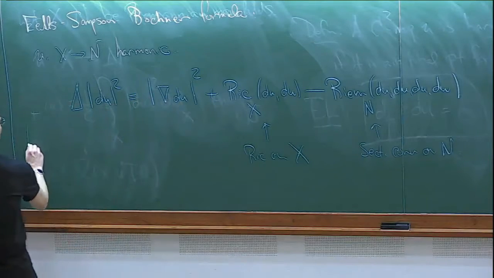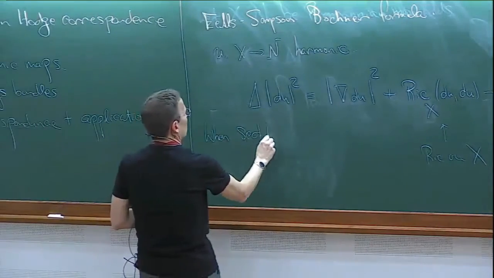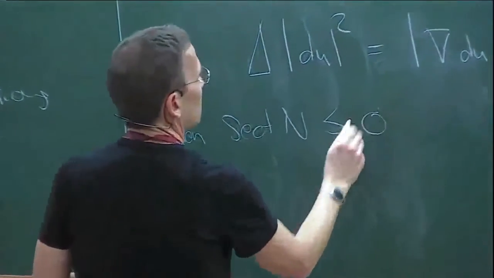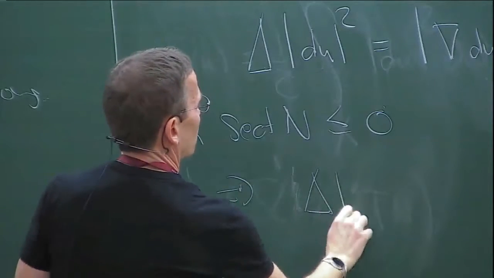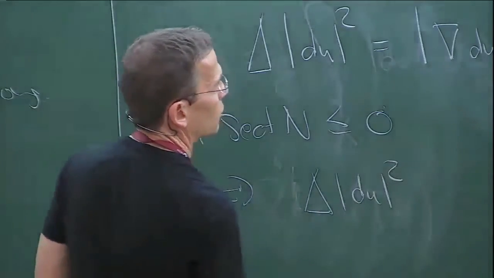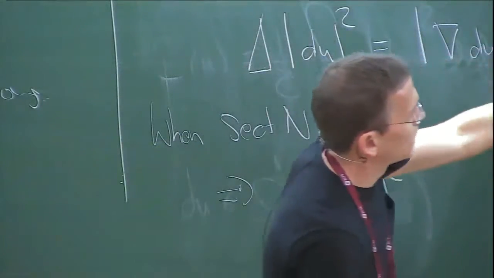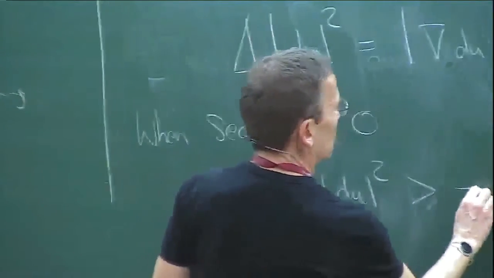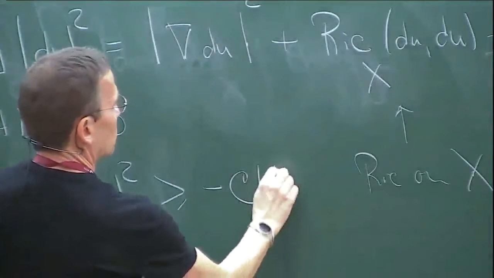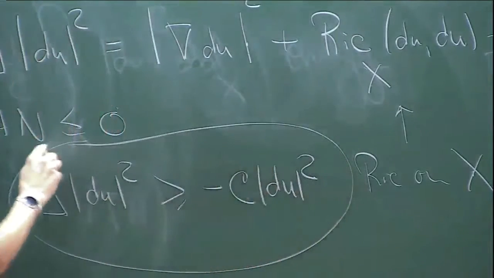So when the sectional curvature of N is non-positive, then if we forget that term, that term is positive, and this is just some possibly negative constant times du squared. And now this is a very nice equation.